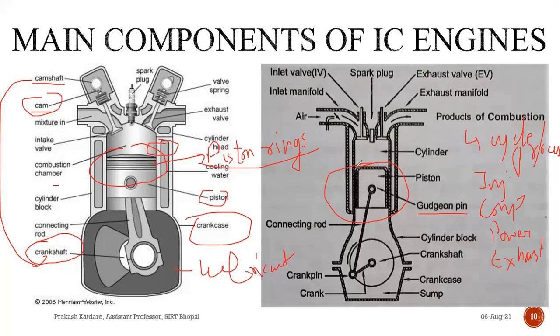To prevent this, we use a flywheel, which ensures that the torque or power we generate is in a uniform manner. Whatever additional power is generated, it will first absorb it and then release it whenever the requirement is there.